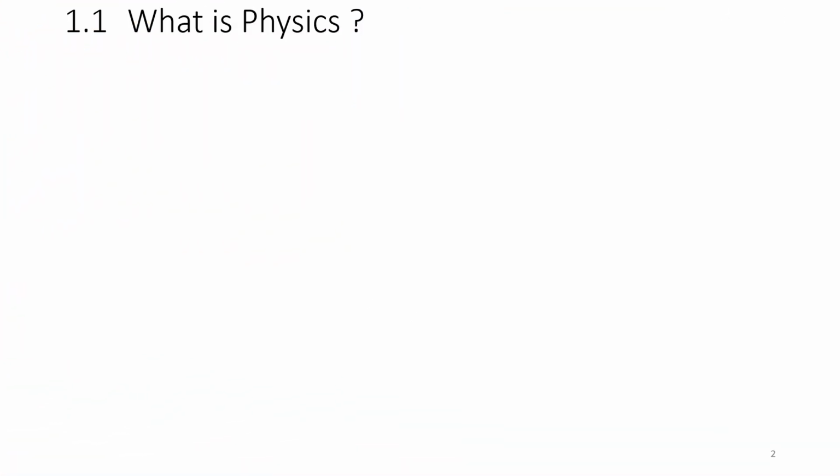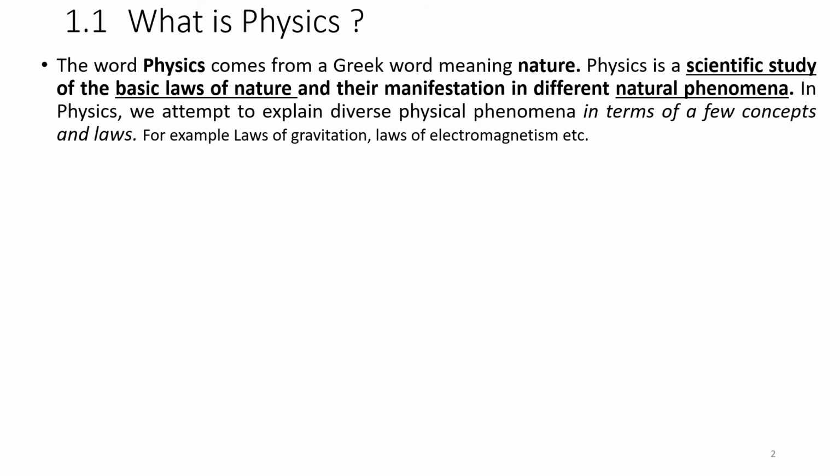What is physics? The word physics comes from a Greek word meaning nature. Physics is a scientific study. Please underline: scientific study of basic laws of nature and their manifestation in different natural phenomena. In physics, we attempt to explain diverse physical phenomena in terms of a few concepts and laws.